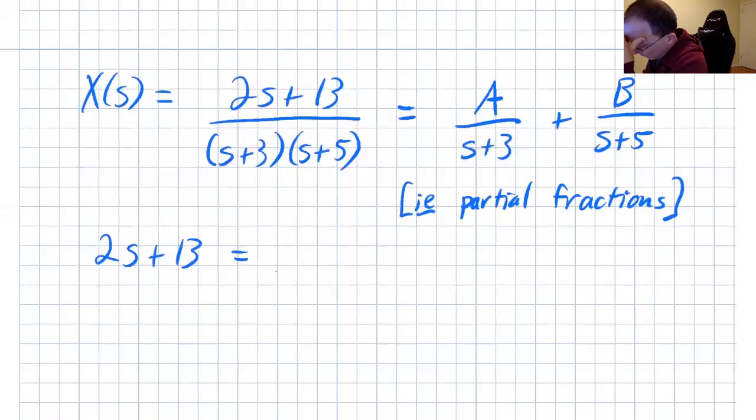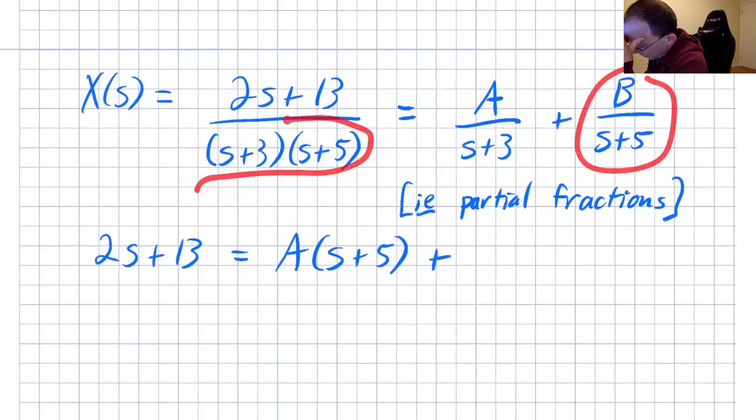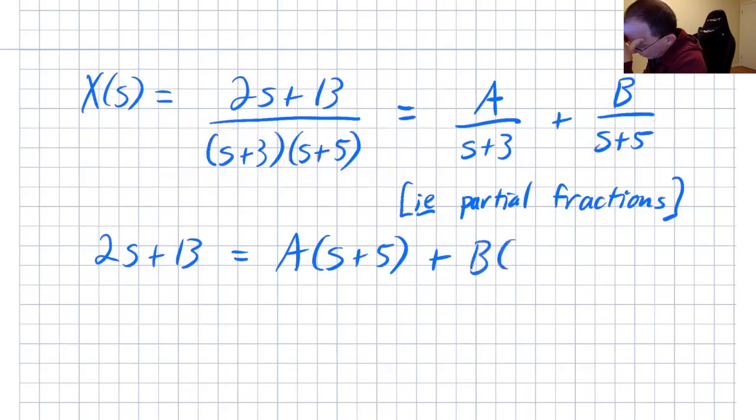So we'll have a times s plus 5, and then when we multiply the other term by this denominator, the s plus 5 and s plus 5 will cancel. So we'll just have the s plus 3. So b times s plus 3.